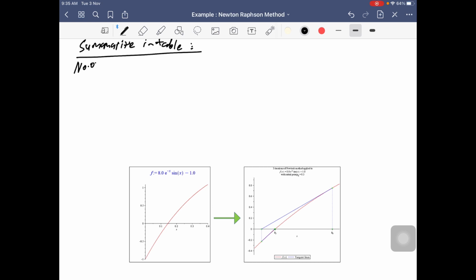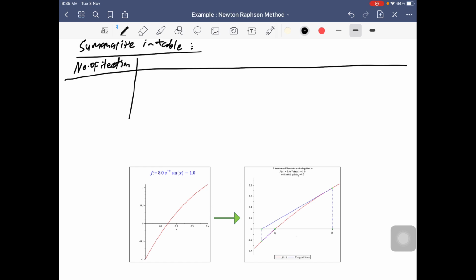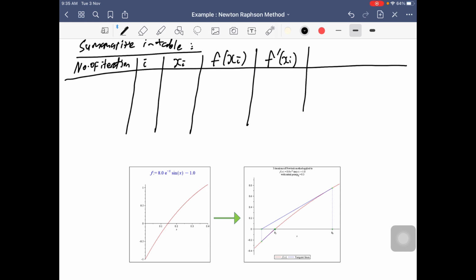So number of iteration, and then we put here i, and then here is your xi, here is your f(xi), and then f'(xi), and then this is xi plus 1. This comes from the Newton formula.